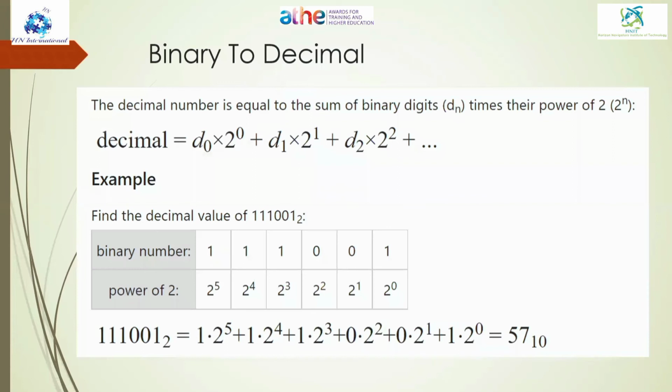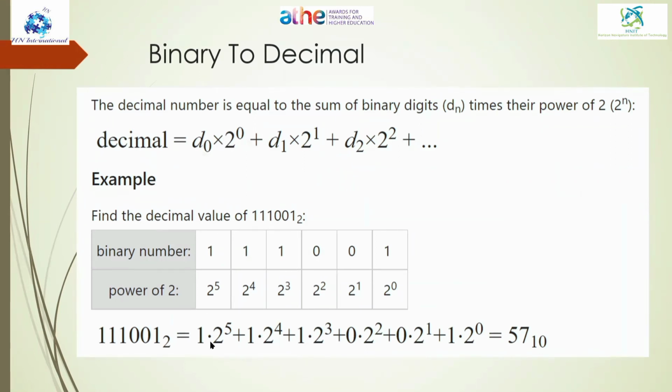Yes, the division method. We divided by 2 if we are going into binary, 8 if octal, and 16 if hexadecimal. Now, if we are going back, what's the opposite of division? Multiplication, of course.